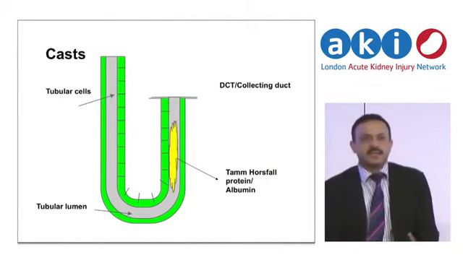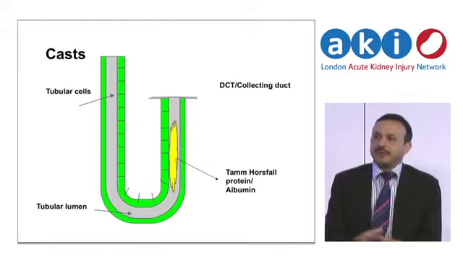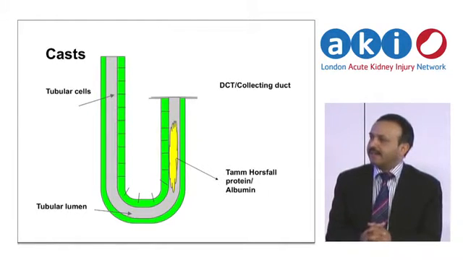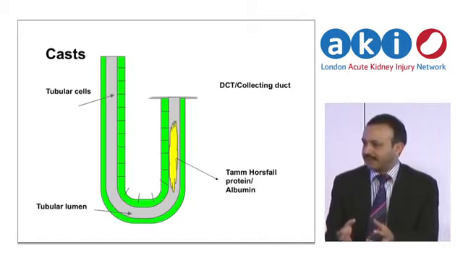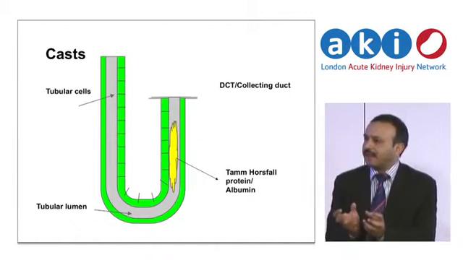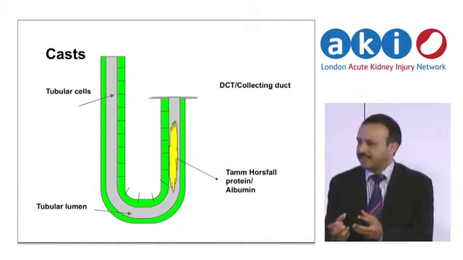And the second thing are the casts. So you can imagine in a lot of patients with AKI, the urine within the tubules is very concentrated. The flow of urine through the tubules is very slow, and usually the pH is quite high. And that's the best environment for the proteins to precipitate.